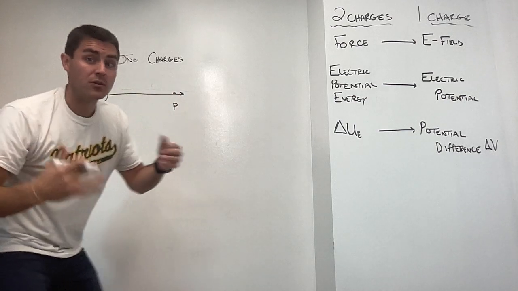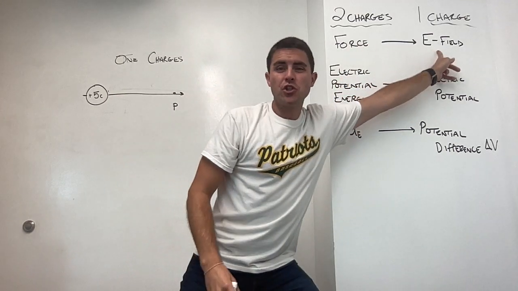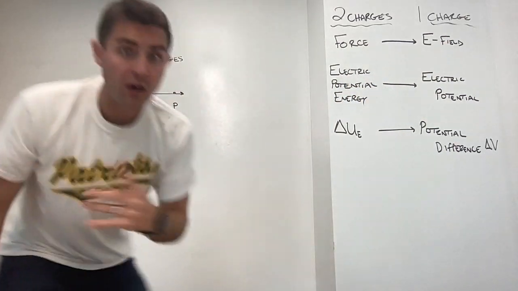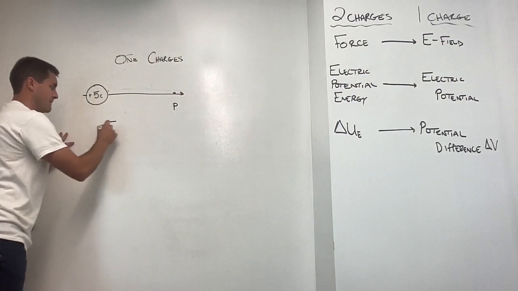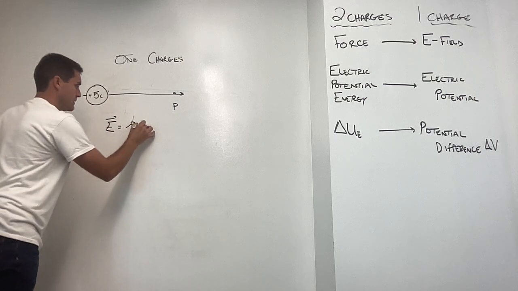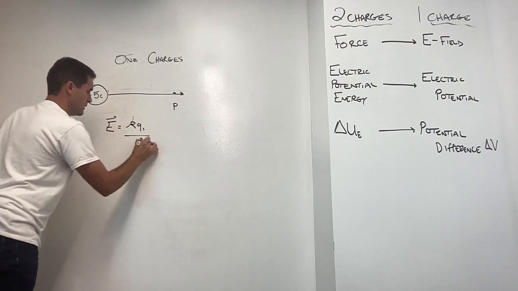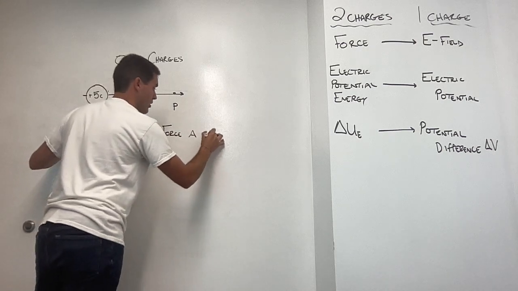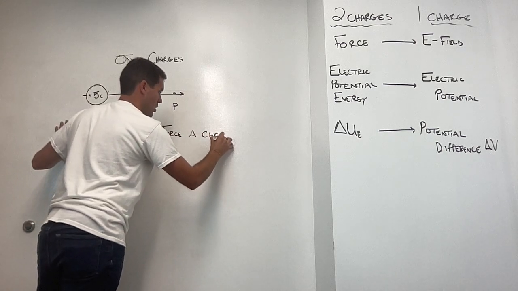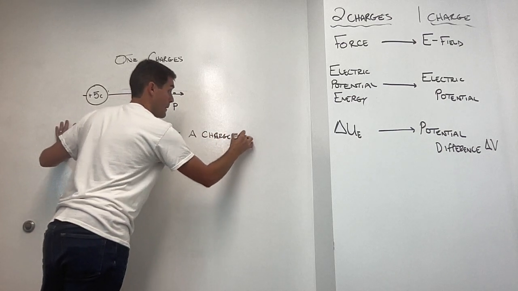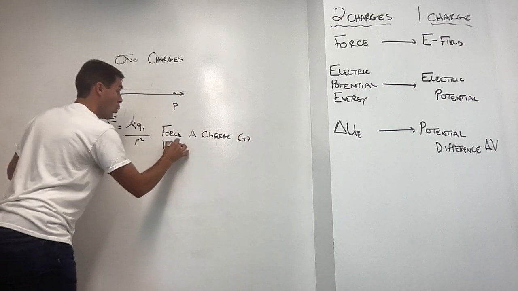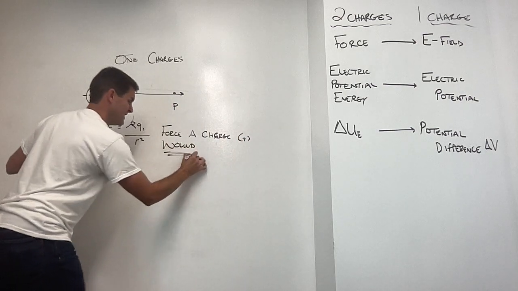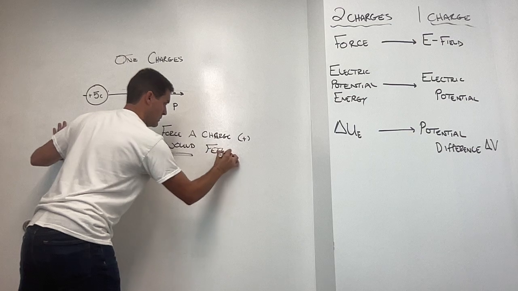The electric field is my one charge equivalent to force, because what the electric field tells me is the force a charge, really a positive charge, would feel if it were there.